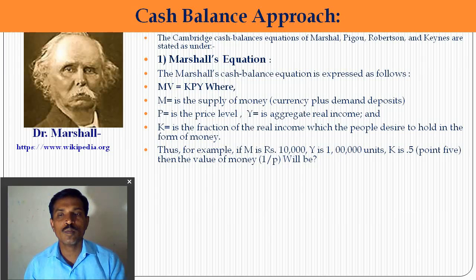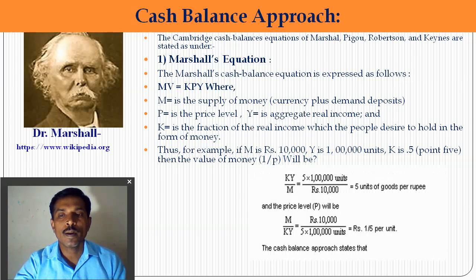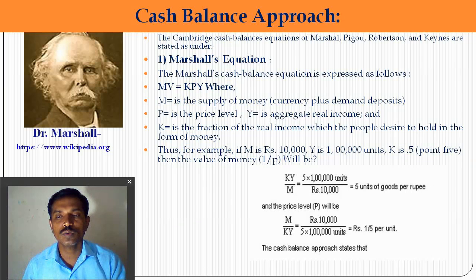Then the value of money, that is 1 upon P, can be found with the help of this equation. So 1/P = KY/M.